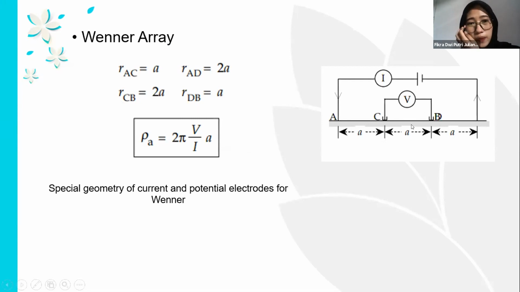This is from the picture, and for rho it is 2πa times the voltage divided by I. This is the ampere, and a is the length from this to this.